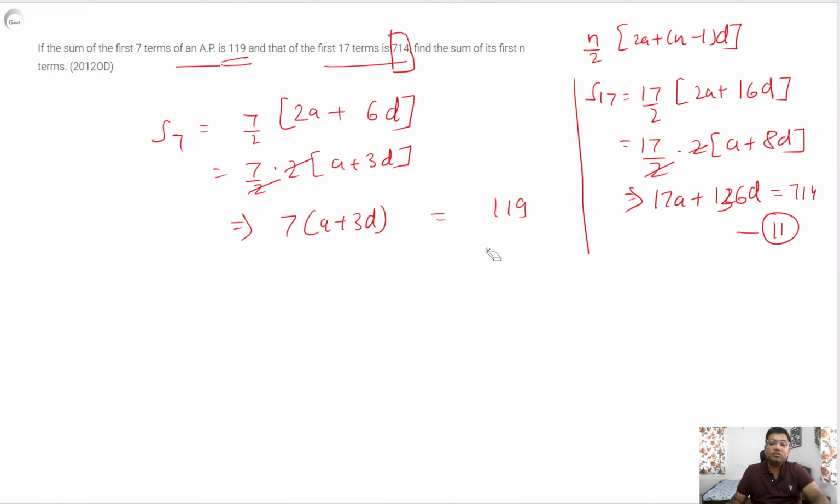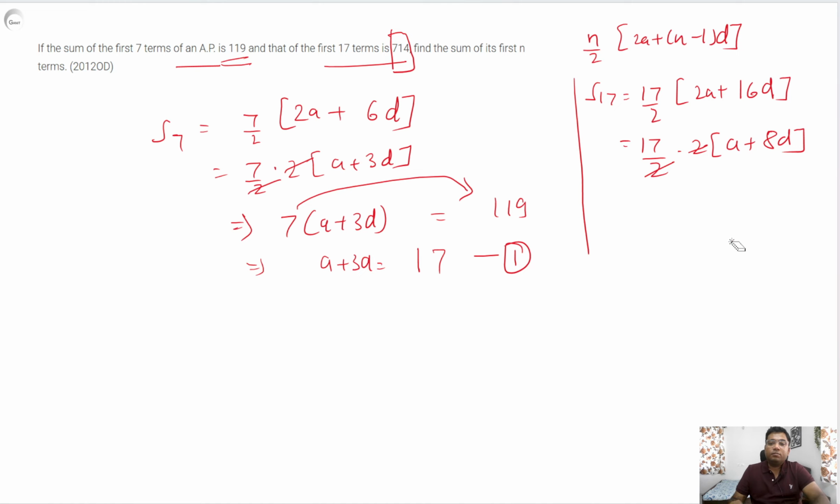I went against the policy that I have: make your question easier, don't solve it the way it is given. So a plus 3d is actually equal to 7 ones are 7, 49. So 7 sevens are 49. Equation number 1 should be this. What I did was I took the 7 to this side and divided the number. I should have done the same thing here as well. Let me clean it up. I'm so sorry. Hold on.